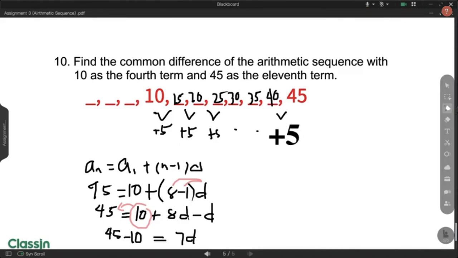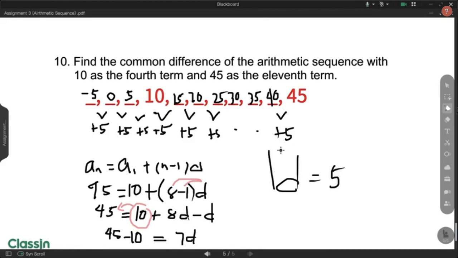That's right. For finding the first three terms, just subtract 5 because we're going to the left. 10 minus 5 is 5, 5 minus 5 is 0, 0 minus 5 is negative 5. You're just adding 5 if you're going to the right. You see it? Okay. 5, that's the common difference.